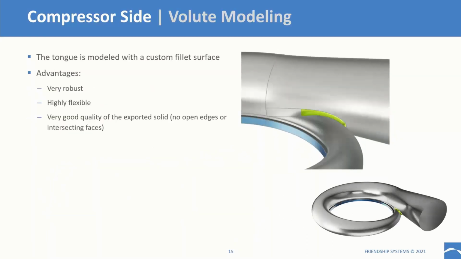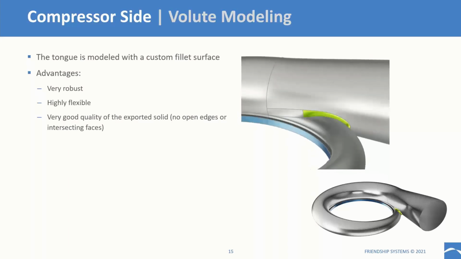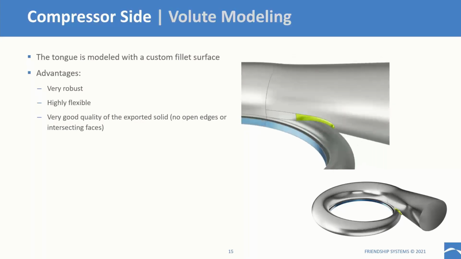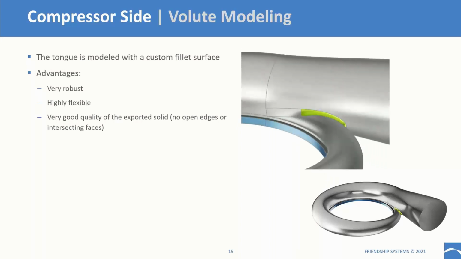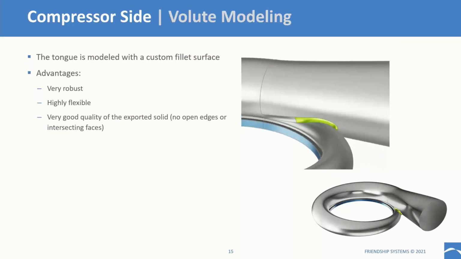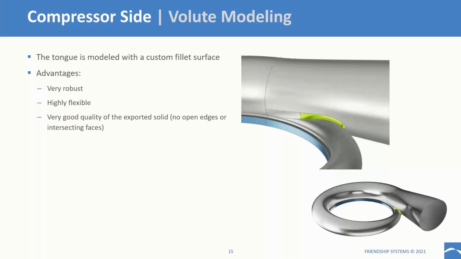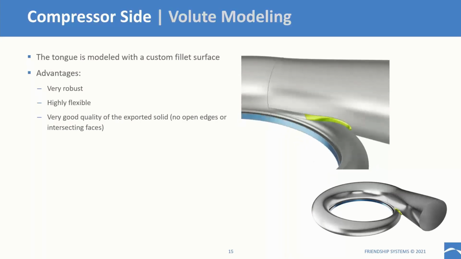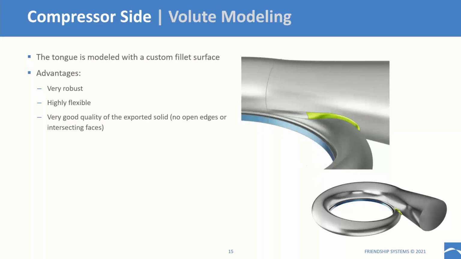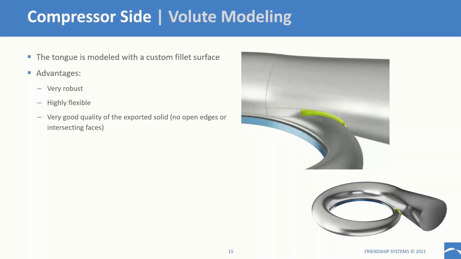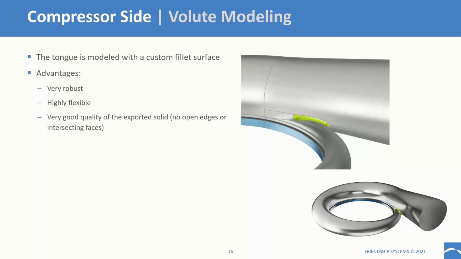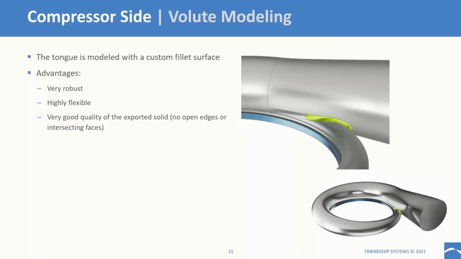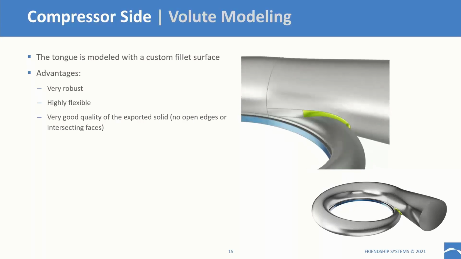The very critical area in the volute is the so-called tongue, or cutwater, or whatever you want to call it, where the scroll basically intersects itself or intersects the outlet diffuser, and that tongue is modeled with a custom fillet surface, which has the advantages of having a very good and clean representation, being very robust when we change the shape of the volute, as you can see here in the animation.